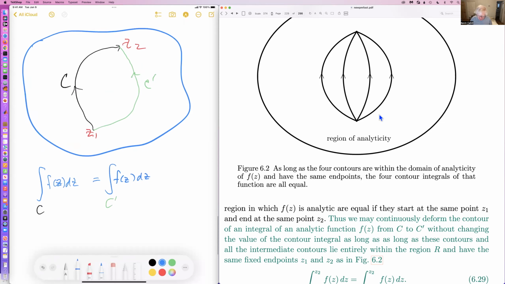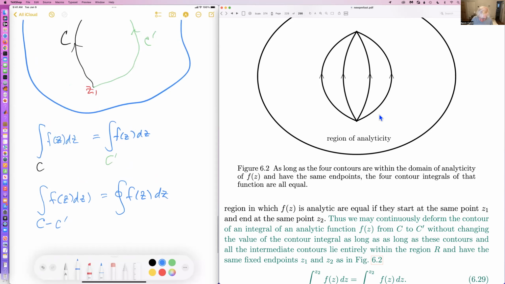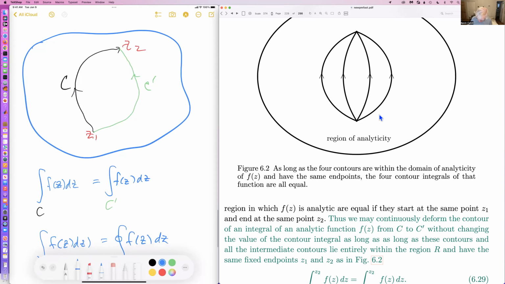So these two contour integrals are equal, and the reason is that the integral of f of z dz over C minus C prime is a closed integral, and it is an integral that goes, let me do it in yellow, up here like this, and then it comes down like that.